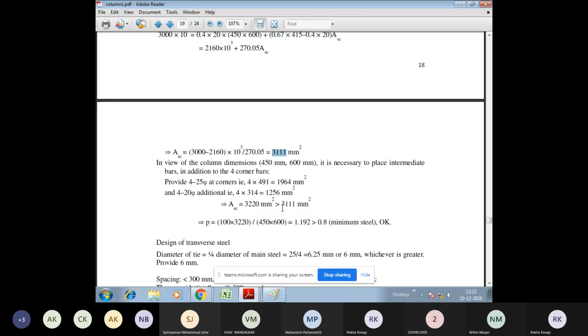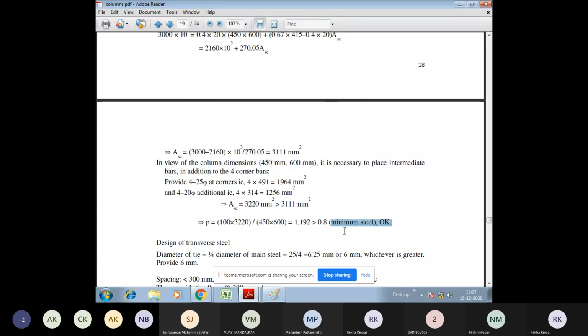Now once we provide this Asc value, we need to check whether this provided value is within the limits or not. So percentage of steel is equal to 100 Ast provided divided by B into D. That turns out to be 1.192, and this 1.192 is within the limits, that is greater than 0.8% and less than 6%.